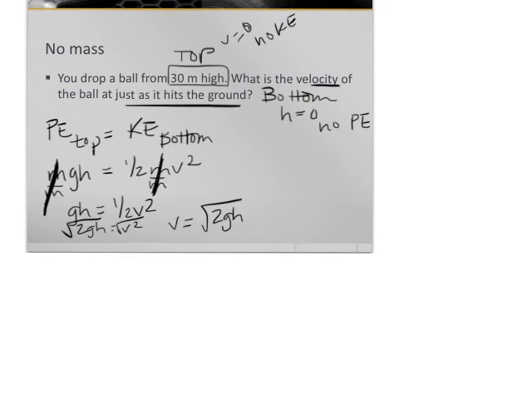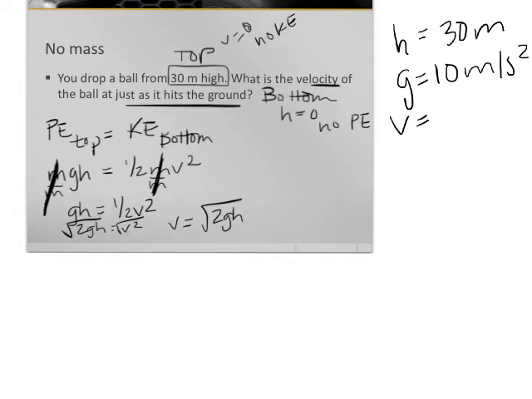So let's continue this. We know height is 30 meters. We know g is 10, because that's always true. And we want to know v. So we can use this equation. It has everything we need.